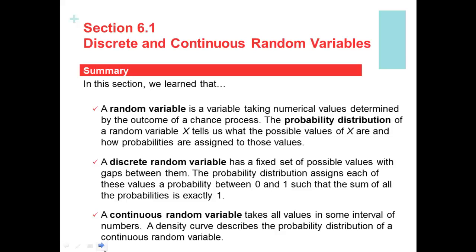A discrete random variable has a fixed set of possible values with gaps between them. The probability distribution assigns each value a probability between 0 and 1 such that the sum of the probabilities must be 1. And a continuous random variable takes on values in some interval of numbers. A density curve describes the probability distribution of a continuous random variable.